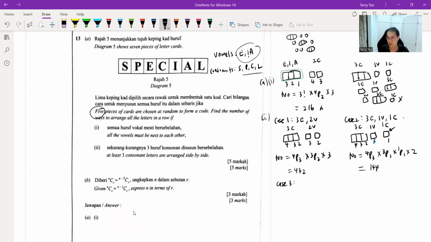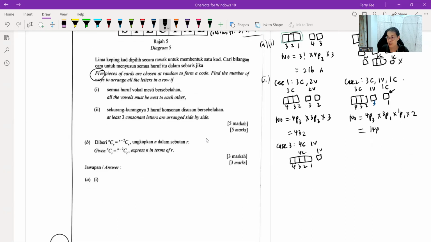I know this is very long. We have 4 consonants and 1 vowel, because the maximum number of consonants that we have is 4. That will be 4 factorial, 4, 3, 2, 1, and 1 vowel. There are 3 vowels, so I put 3 there.